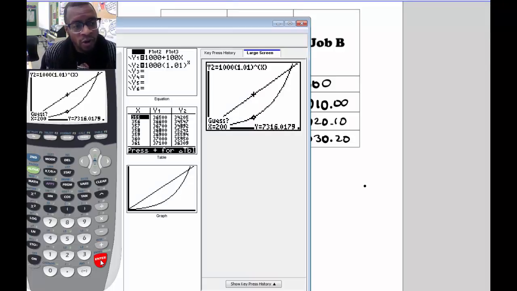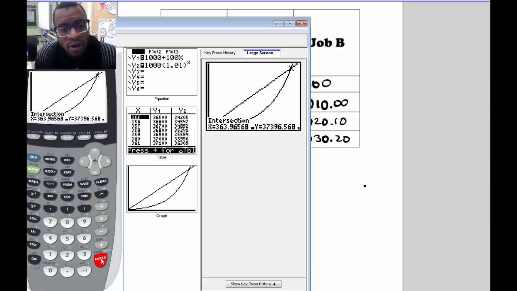So you want to put your cursor close to where you think the intersection is going to be, which we see is going to be right around here, and press enter, and then it's going to give us the actual intersection. Okay, and we see that our intersection is 363.96, which is approximately 364. So we know that at 364 months, these two salaries will be equal.